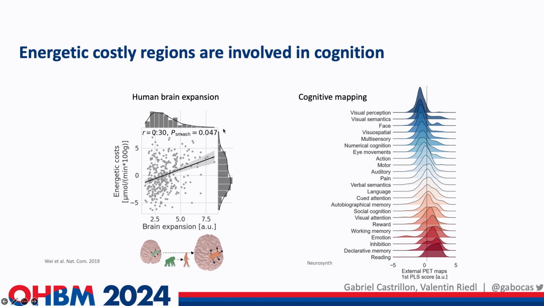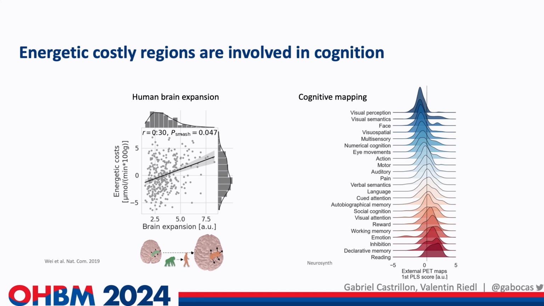Now, as these regions also cover or are highly relevant to cognitive functions, they wanted to evaluate the energetic demands of distinct cognitive processes. For this, they used another independent data set, the Neurosynth.